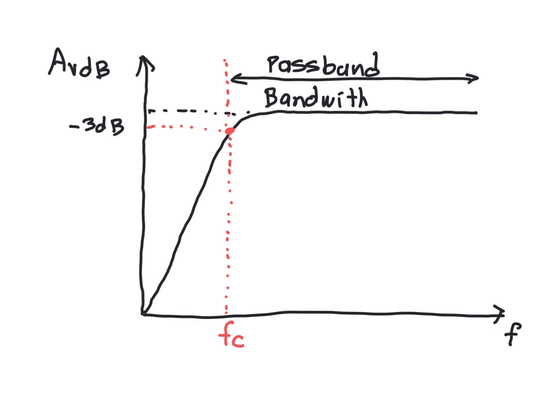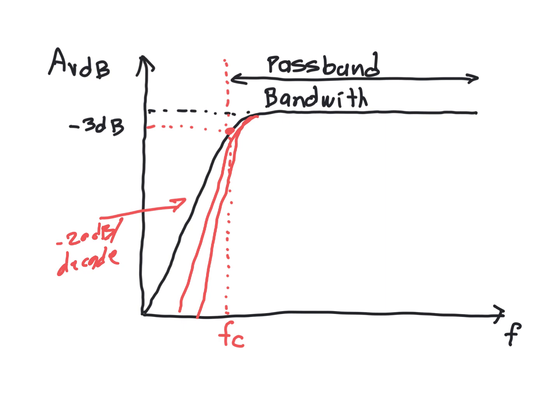So at frequencies below FC, this is going to roll off at minus 20 dB per decade. Again, higher roll-off rates are possible, which would make that corner much sharper.